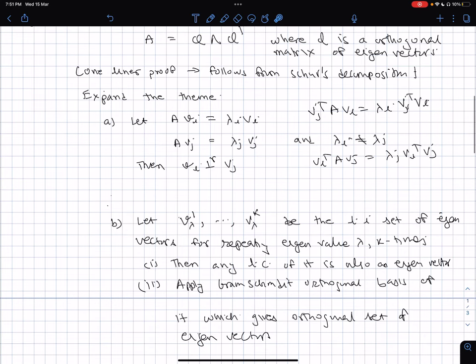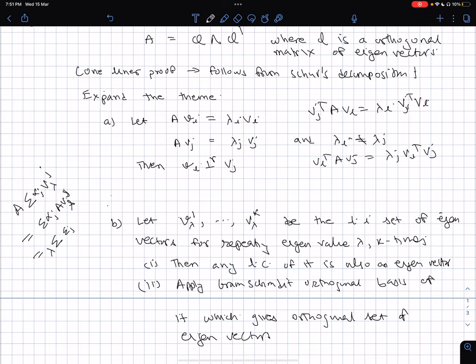So the first thing is that any linear combination of them is also an eigenvector. That is very clear. That follows from the fact that if I take A times the sum of alpha j V lambda j, then this is the same as alpha j times A V lambda j, which is the same as lambda times alpha j V lambda j.